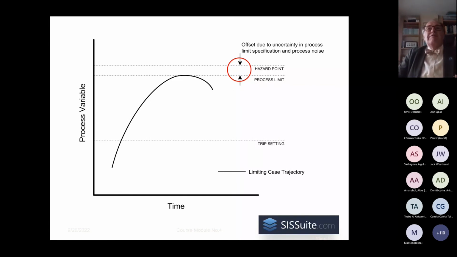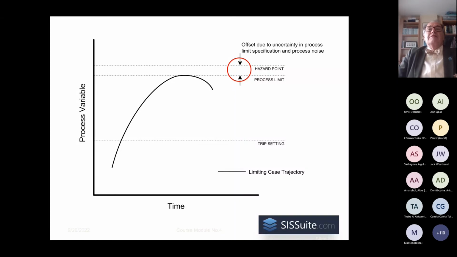But that specification in itself of the hazard point may be subject to a degree of uncertainty. If it's a bursting disk rupturing, say, there will be a tolerance on the specification of the burst pressure for that disk. If we specify a maximum level at which a vessel overflows, there may be some uncertainty in the precise level at which the overflow actually starts to happen.